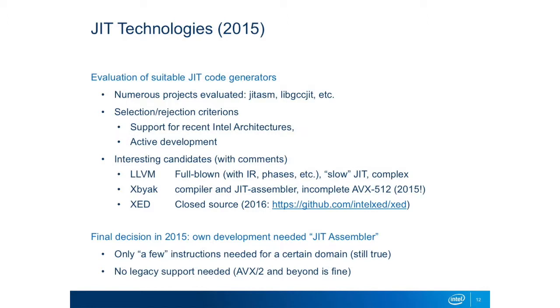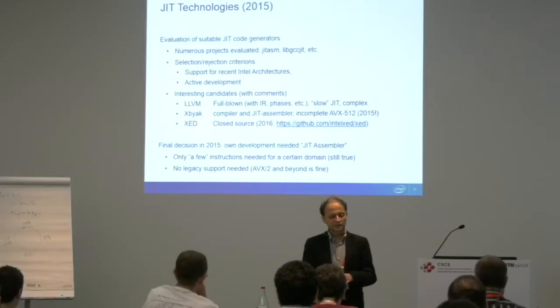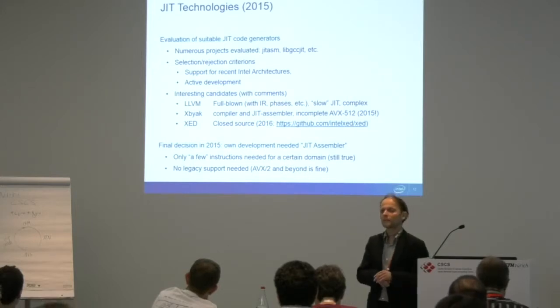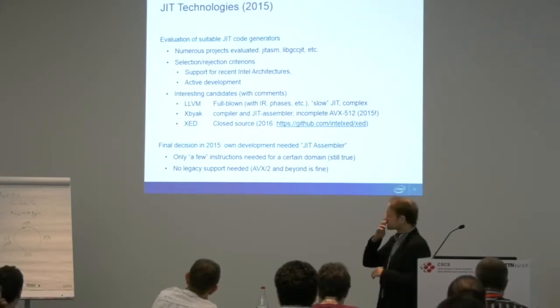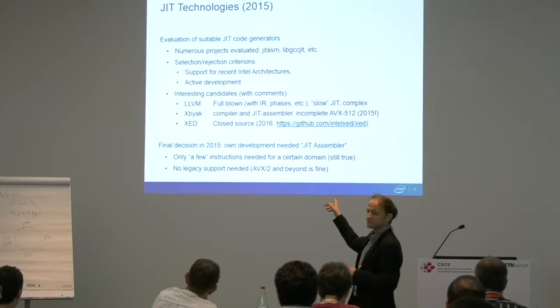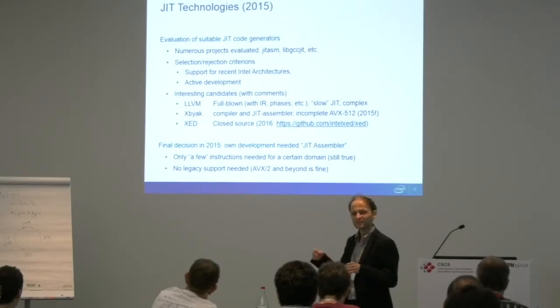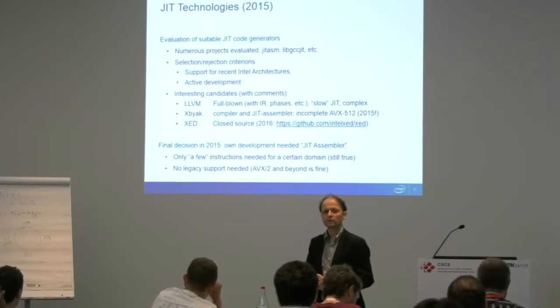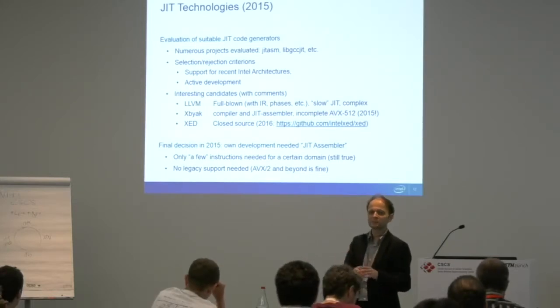We looked at Xbyak and evaluated that. It didn't have complete AVX 512 support in that time frame. And in fact, you asked earlier on what the relationship to MKL is. MKL open sourced and adopted Xbyak as an open source framework, but later than we did. So they also contributed some of the enabling on AVX 512 to fill the gaps, but they have a larger team.